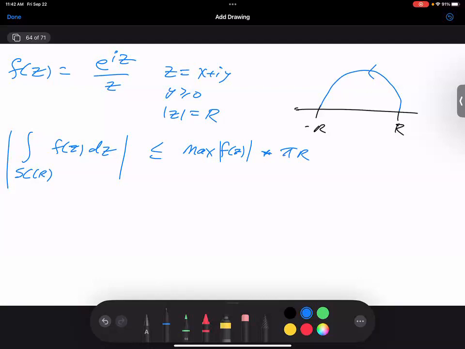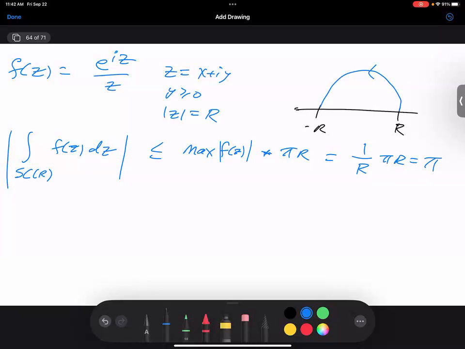Well, I'm on the semicircle. I have e to the iz over z. What value of z is going to give us the largest value? r. And so that would just be 1 over r times pi r, which is pi. It's not going to 0. So if we try to be crude, we have a bad result.